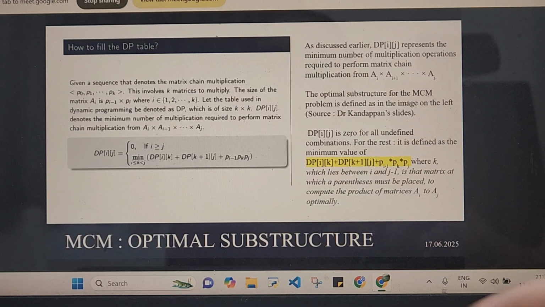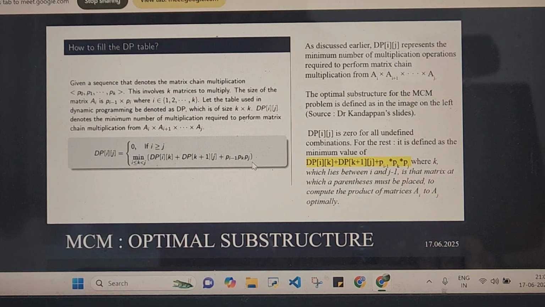And similarly, when you group the matrices K plus 1 up to J together, you will see that the dimension of that product matrix is P[k] into P[j]. Now again, when you multiply an M cross N and an N cross P, the number of multiplications is M into N into P, which is why it becomes P[i-1] into P[k] into P[j].